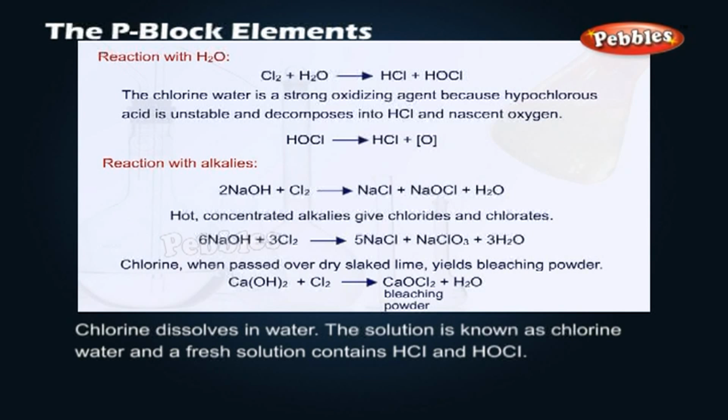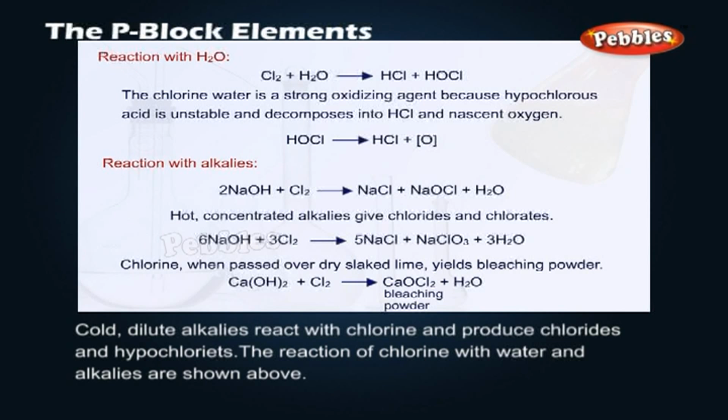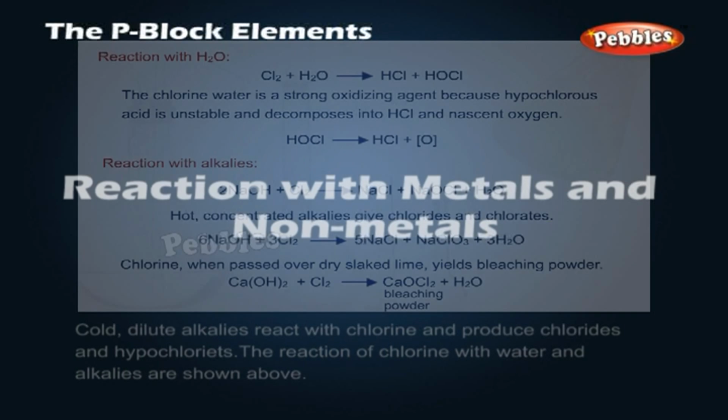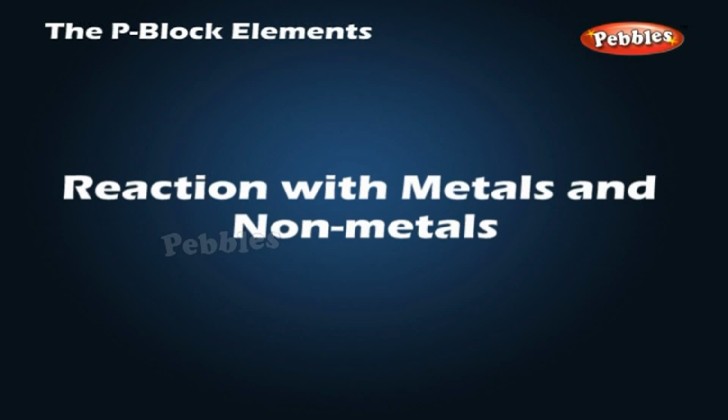Chemical properties. Chlorine dissolves in water. The solution is known as chlorine water, and a fresh solution contains HCl and HOCl. Cold, dilute alkalis react with chlorine and produce chlorides and hypochlorites. The reactions of chlorine with water and alkalis are shown above. Reaction with metals and nonmetals.